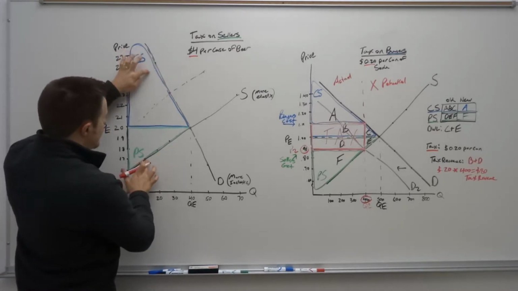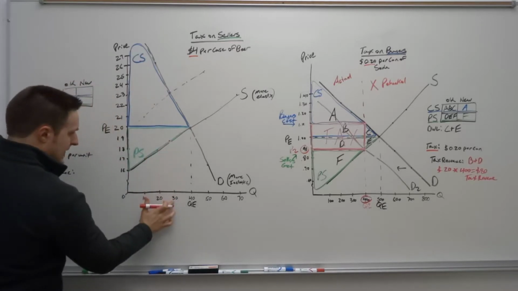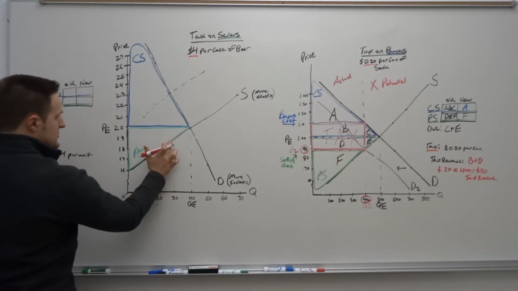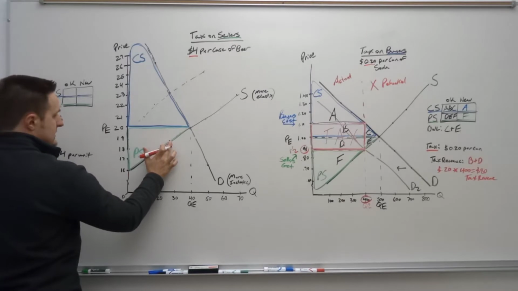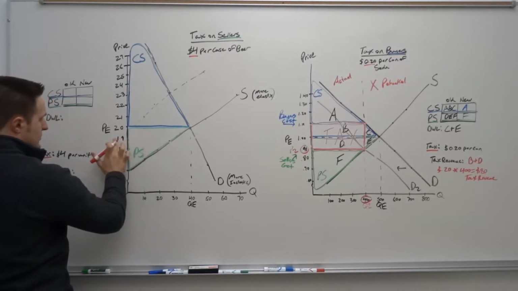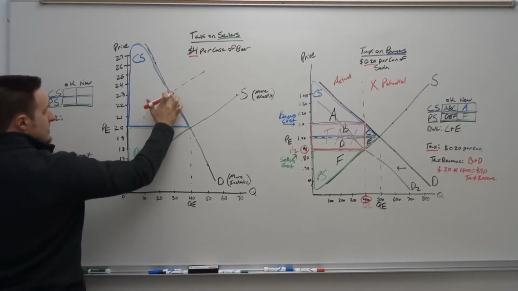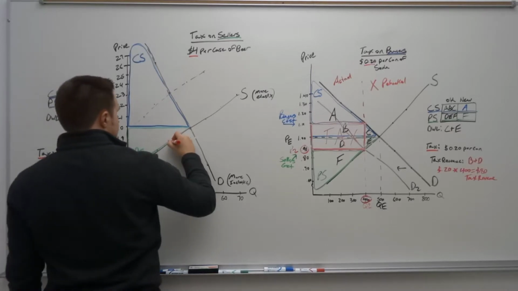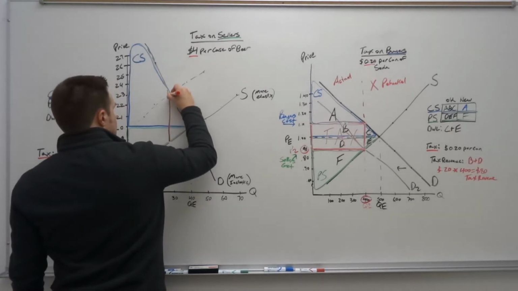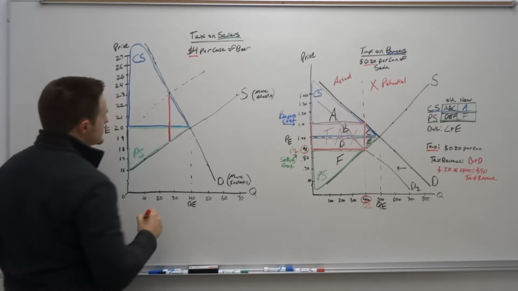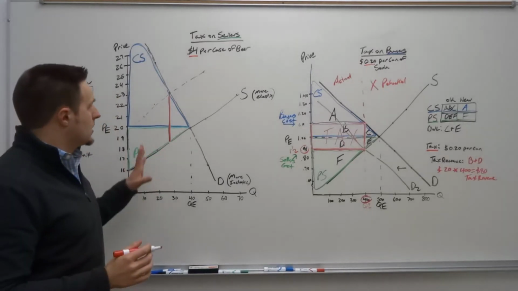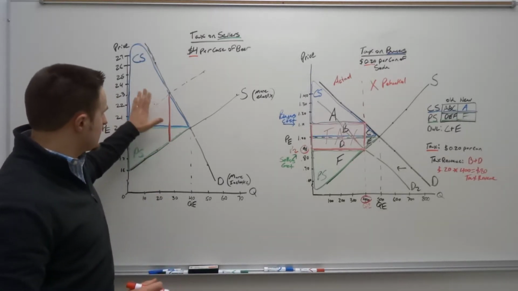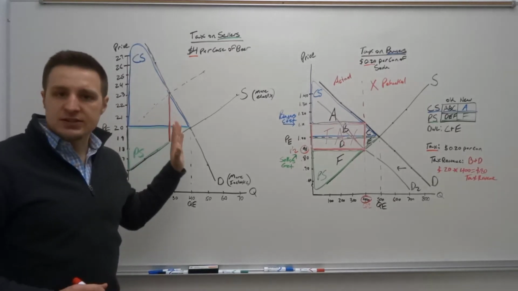Okay, so we find a gap between supply and demand at the quantity of 30. The supply curve is at the price of 19, and the demand curve is at the price of 23. So that's a $4 gap. That is the starting point for our graph. Now, just doing this alone is good enough to tell us a lot.